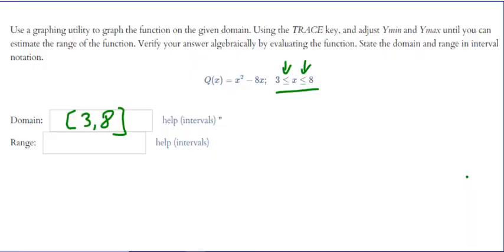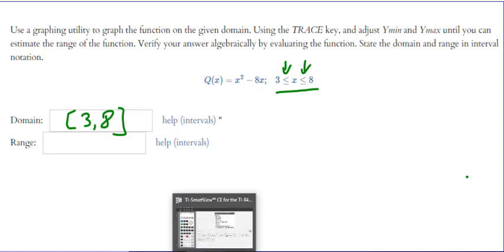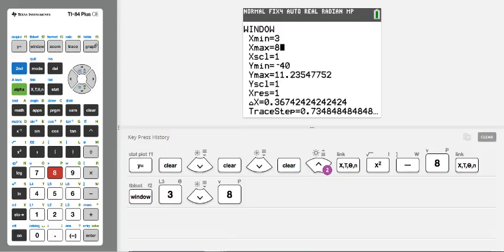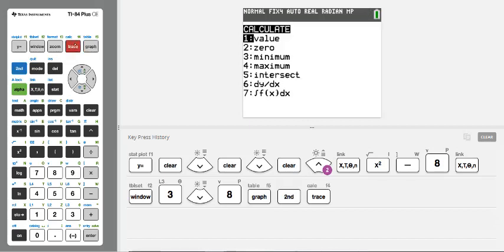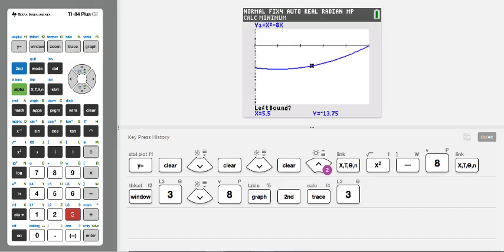And see, this said only look for 3 to 8. Let's go see what the graph is doing so we can find what the lowest point is and the highest point is. So if we go back and then we just hit graph, it appears the lowest point is here and the highest point is up there. So what we can do is go second trace minimum, and we can very quickly determine this.